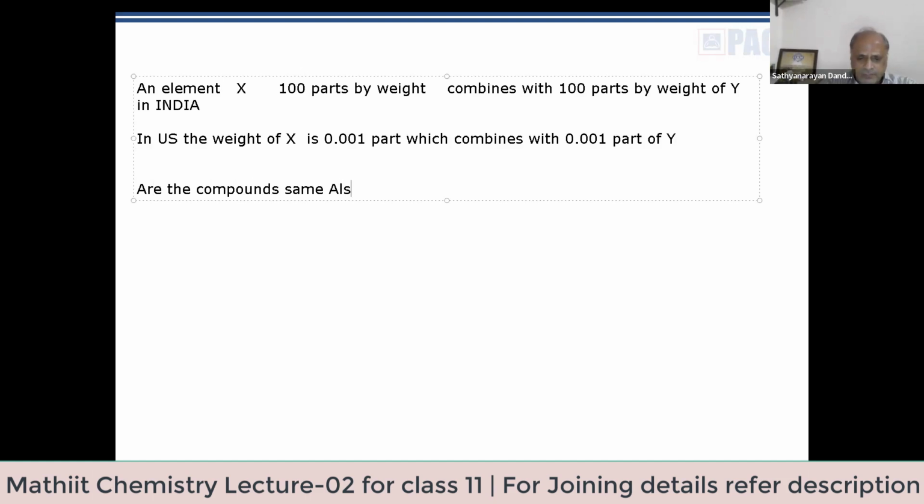Also, determine the formula of the compound. Do it.